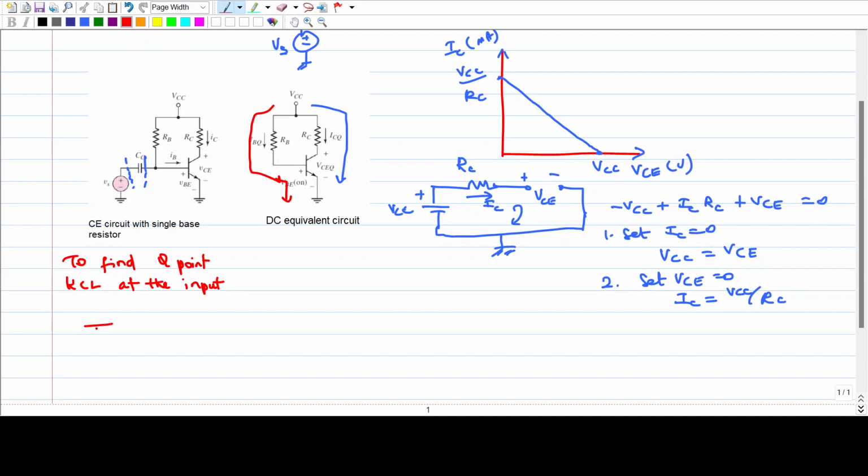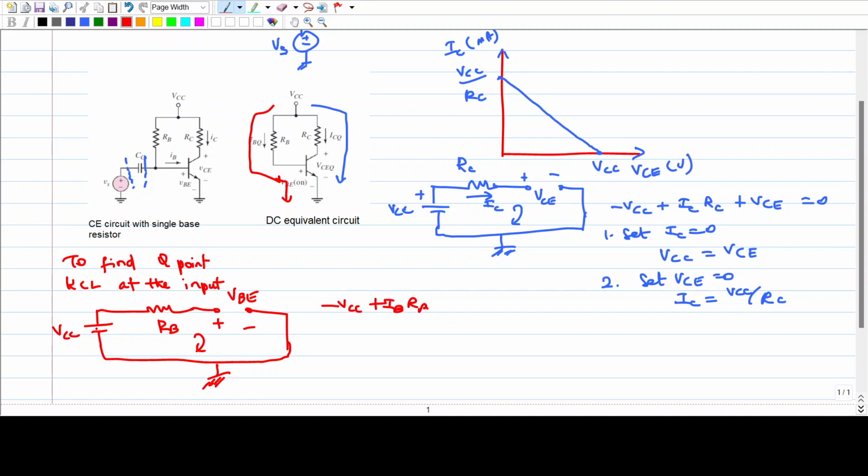VCC is connected to RB. At the end of RB, there is a potential drop of VBE, and then that part is connected to ground. So this is the input loop equation. If you write KVL here: minus VCC plus IBRB plus VBE equal to 0.